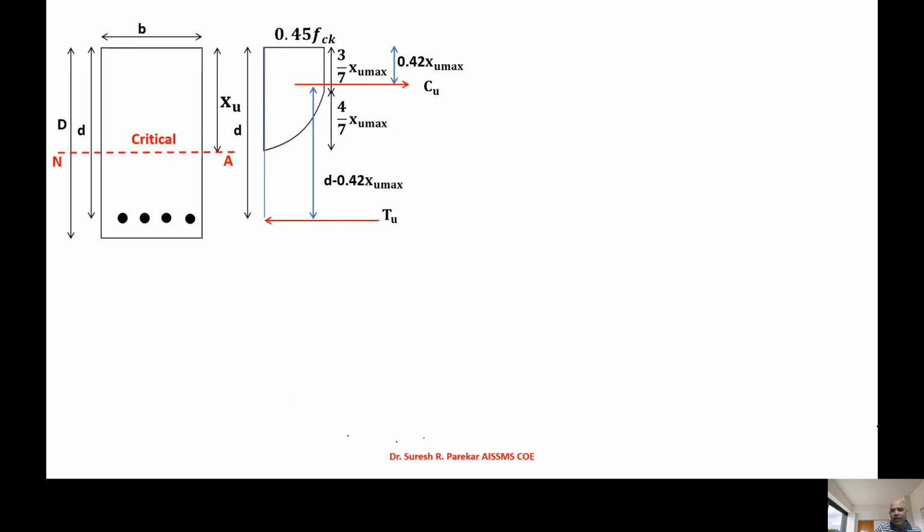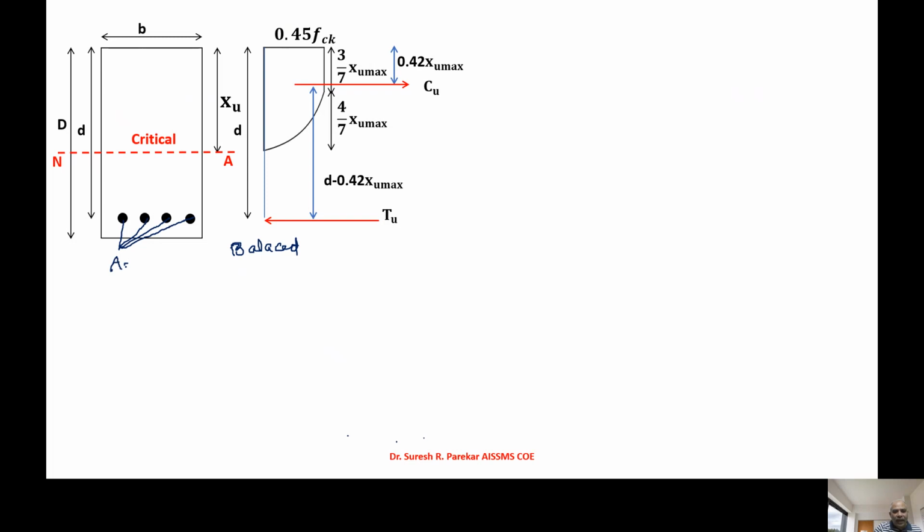Now we will see how we get the stress diagram, compressive force and tensile force in this. So now we have this section, which is balanced. You can say this is AST max, or we can write it as AST balanced.